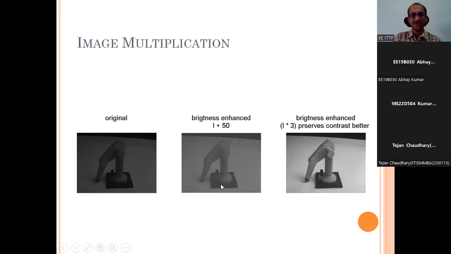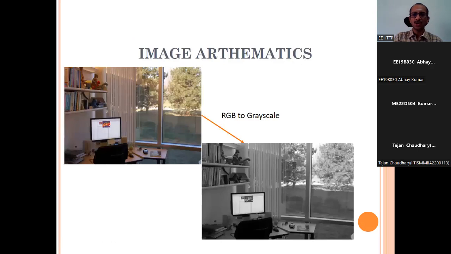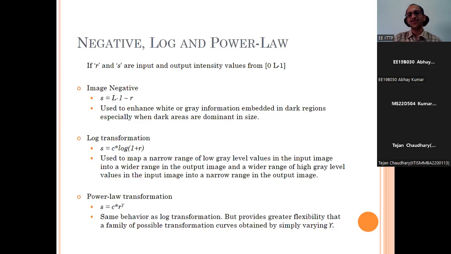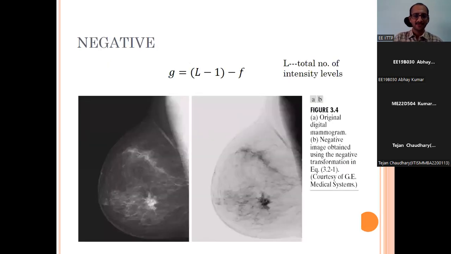So this we have seen. You can enhance by adding, or you can bring a brighter image by adding a constant, or you can multiply by a constant. Another arithmetic operation is, if you give an RGB image, you can average the RGB channels to get a grayscale image. There are different ways of taking a weighted sum of RGB channels to get a better grayscale image.